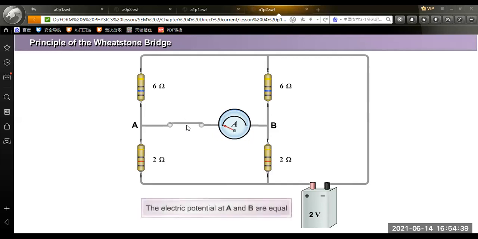Once the switch is connected, we notice that the electric potential at A and B are equal. When both sides are equal, the two ends of the ammeter are at the same potential, so there is no potential difference. This shows that there will be 0 volt.